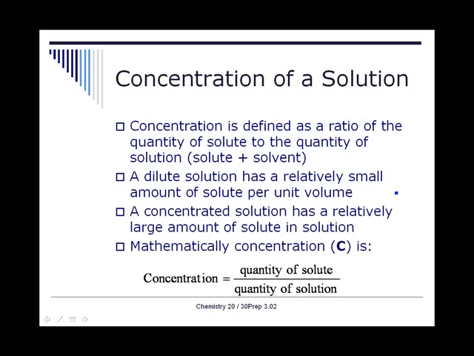Mathematically, all of our concentration formulas are going to be versions of this basic formula, where we take the quantity of the solute, which is either going to be measured in grams or moles, depending on the situation, and the quantity of our solution, which is either going to be in grams or liters, depending on how we're calculating concentration.